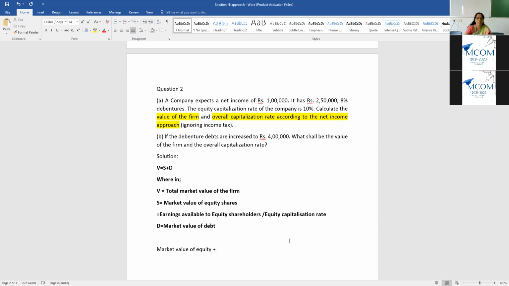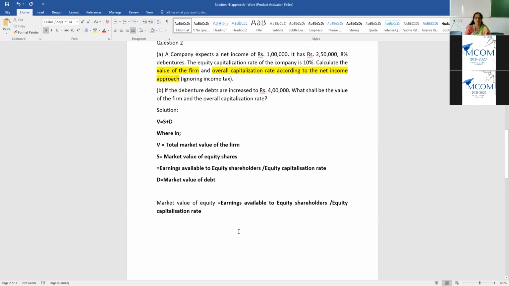Market value of equity is equal to earnings available to equity shareholders divided by equity capitalization rate. Earnings available to equity shareholders is not given, but the information to calculate it is given, for which you have the net income. So we need to calculate from the net income the amount available to equity shareholders.